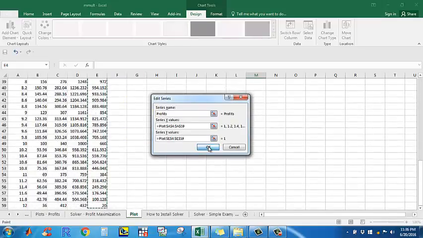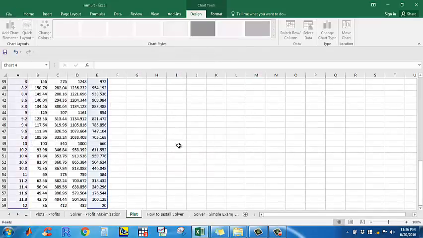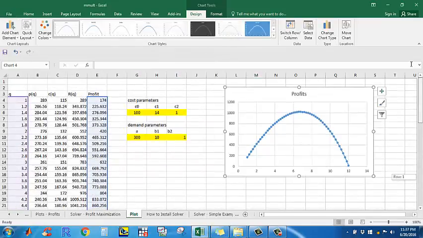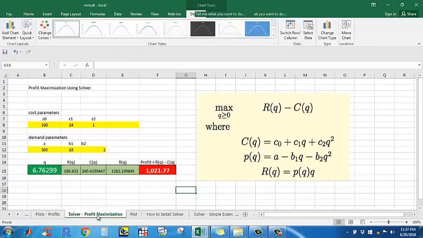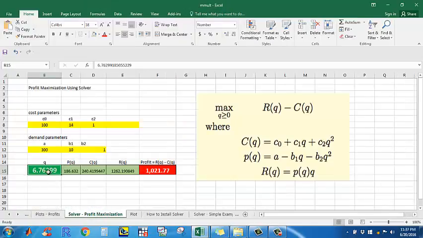Let's click on OK. And indeed, somewhere at 6.8, according to this curve, profits are maximized. So that confirms the solution that solver has given us.